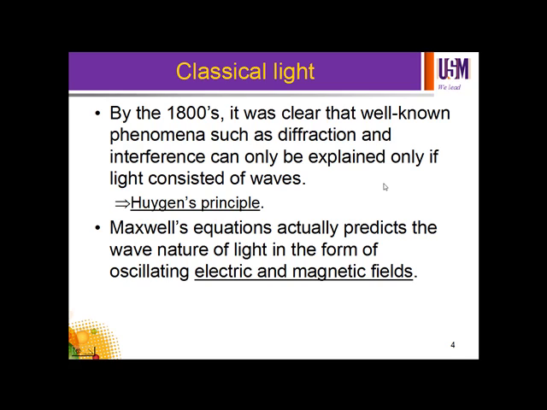Let us recall the classical light, that means the nature of light in classical physics. By the 1800s, it was clear that well-known phenomena such as diffraction and interference can only be explained if light consisted of waves. The principle we use to explain those phenomena is Huygens principle.